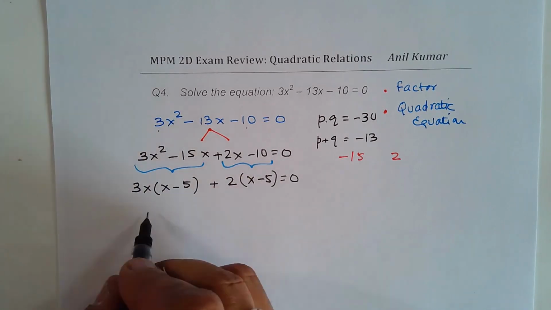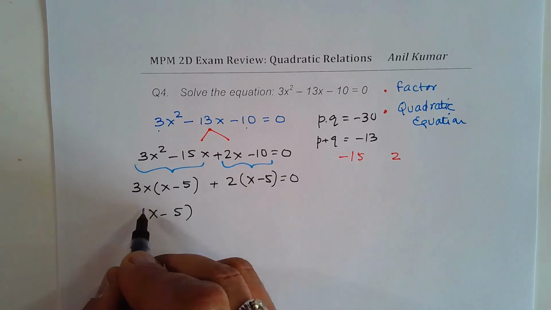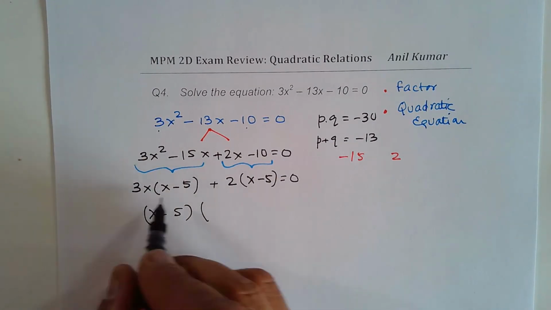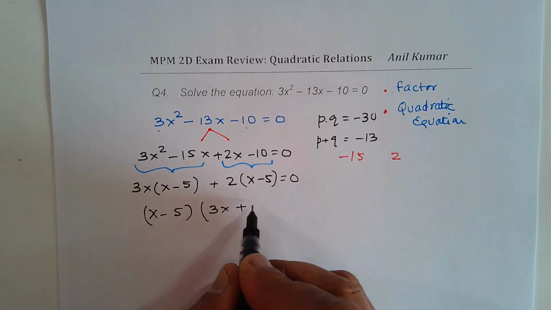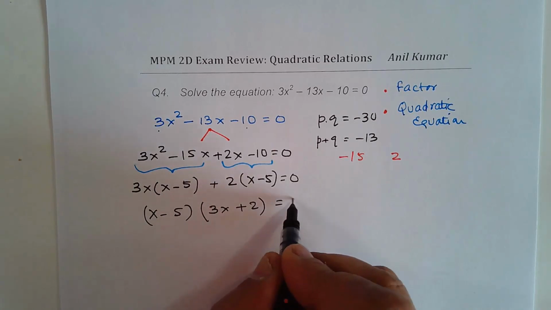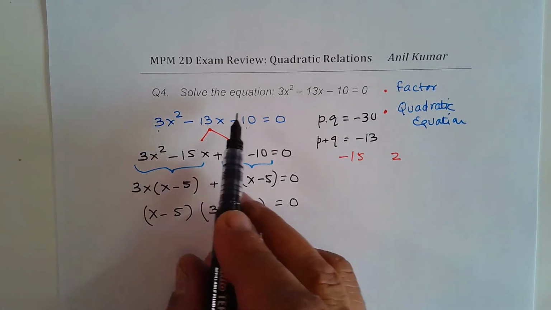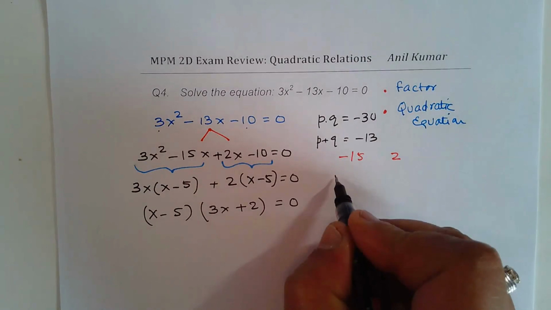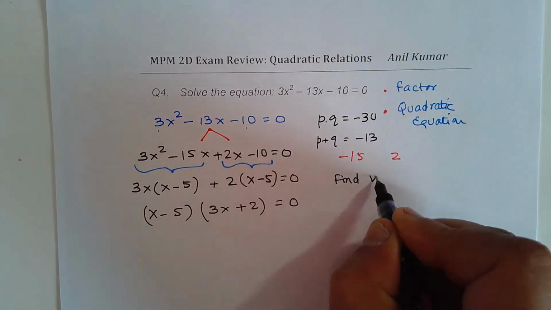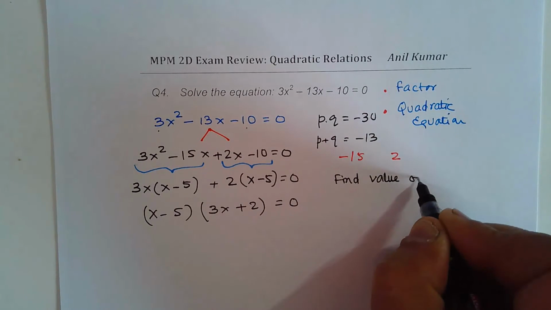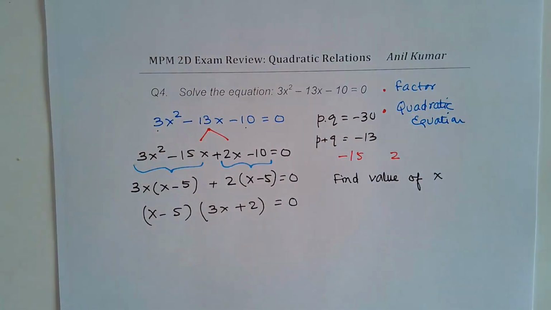Now x minus 5 is a common factor, so we get 3x plus 2 as the other factor. When we say solve the equation, that means find the value of x that satisfies the equation. Perfect.